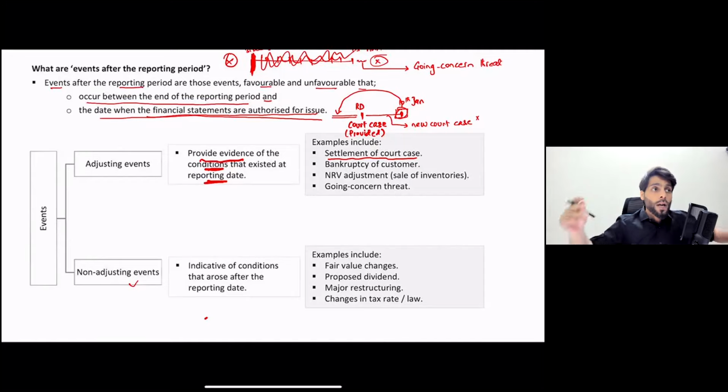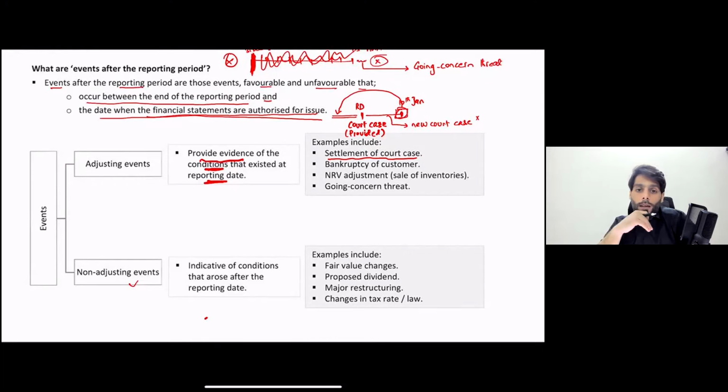So there was no indication, there was no hint that such an event could happen, and therefore this type of event, a new court case, actually pertains to the next accounting period. It should be reflected within the next accounting period, right? So whatever an accounting standard says is based on logic, it is based on common sense.